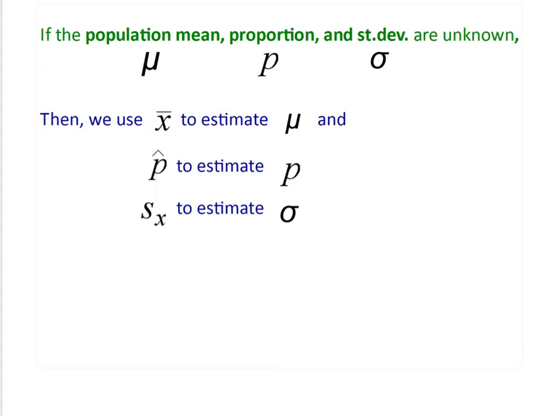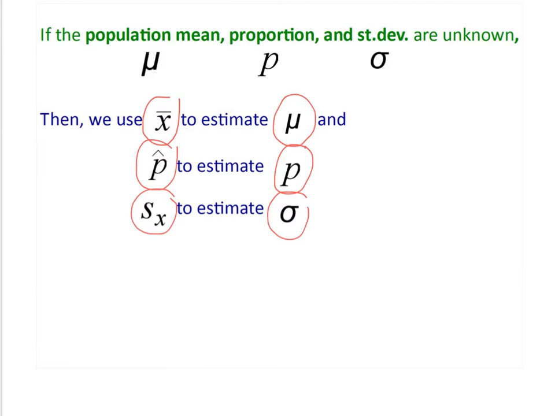So if the population mean is mu, proportion is p, and standard deviation is sigma, and those are unknown, meaning I don't know the population mean, I don't know the true standard deviation of the population, then I can use x bar to estimate mu, p hat to estimate proportions, and Sx to estimate sigma.